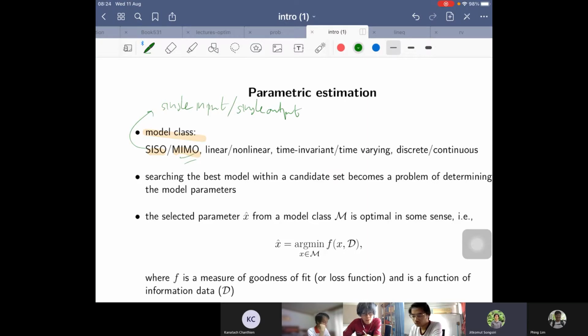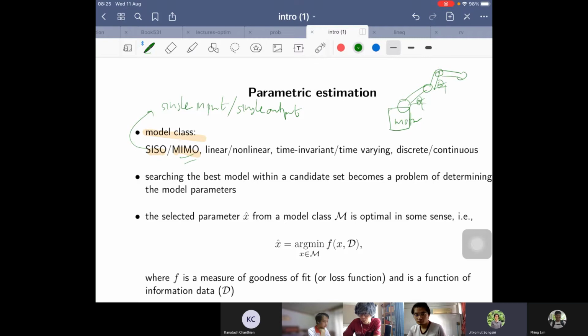Most of the systems you learned in the linear systems class in the third year are SISO. But of course, a lot of physical systems are MIMO. For example, if you are interested in robots, you have a motor system, and a lot of times you would like to control the angle of each robot joint.